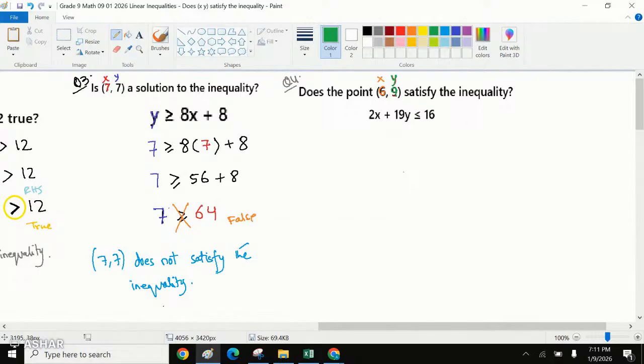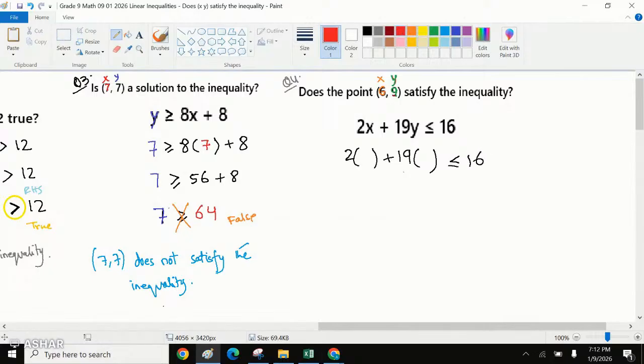What they are asking us is, if this given inequality, read as 2x plus 19y is less than or equal to 16, or when we read it from the other side, 16 is greater than or equal to 2x plus 19y. So let's substitute the values of x and y.